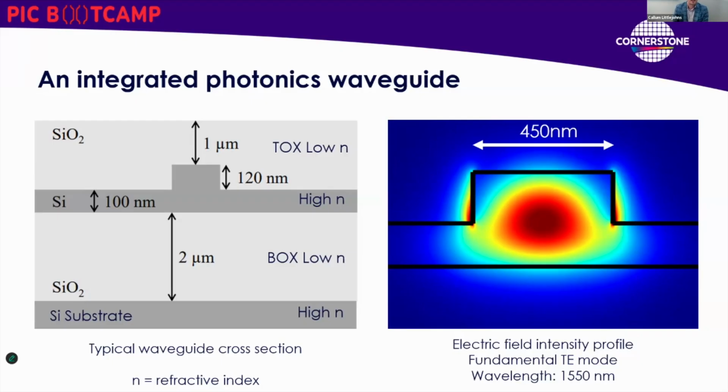And you can see how this concept, if we propagate, say, into the screen in this example, we can build a device that continuously reflects the light and confines it within the waveguide.